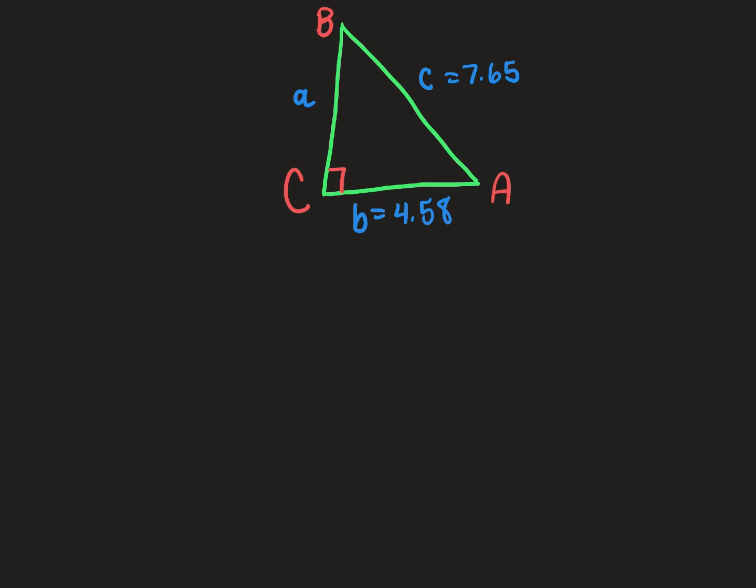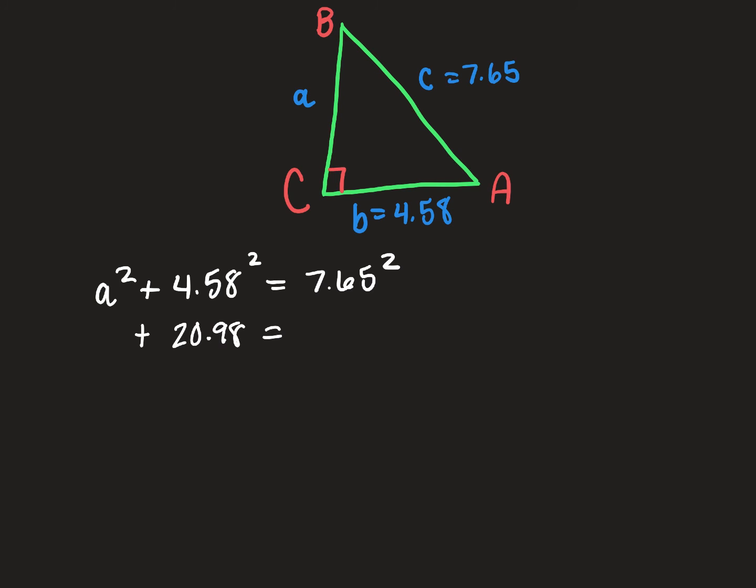Okay, so A squared plus B squared, so 4.58 squared is equal to C squared, so 7.65 squared. So what does that give us? 20.98 for 4.58.